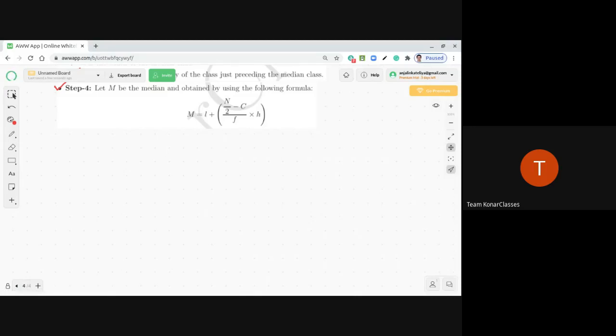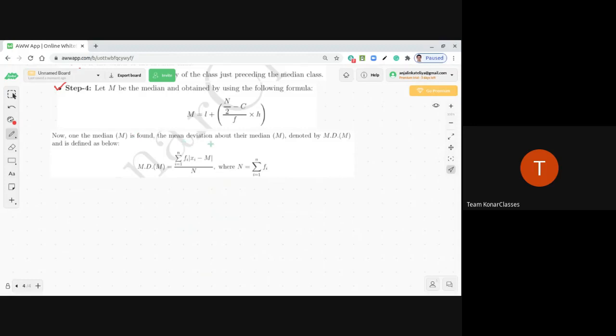So once the median is found, the mean deviation about the median, denoted by MDM, that is mean deviation about median, is computed by summation of fi into mod of xi minus M, divided by n, where n is equal to summation of the frequencies fi from i equal to 1 to n.